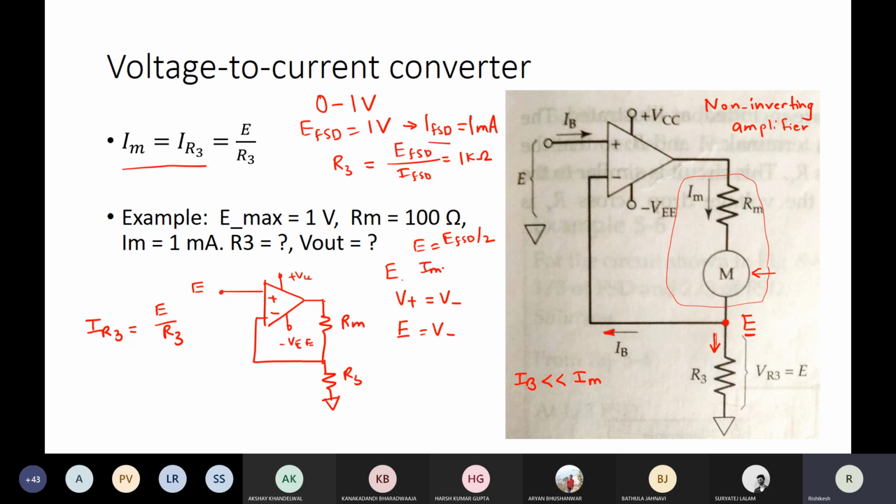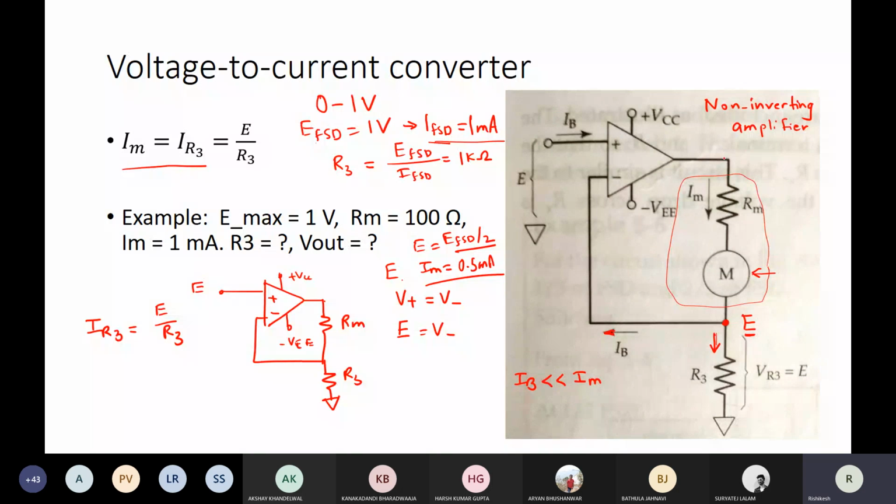With 1 kilo ohm, it is 0.5 milliampere, which is expected because IFSD is 1 milliampere. When this is half, this will also be halved. It is as simple as that.